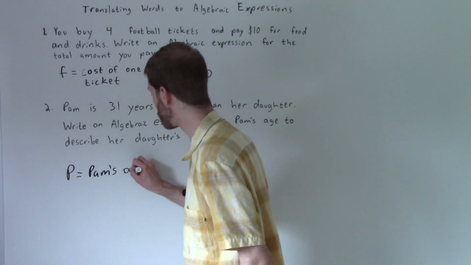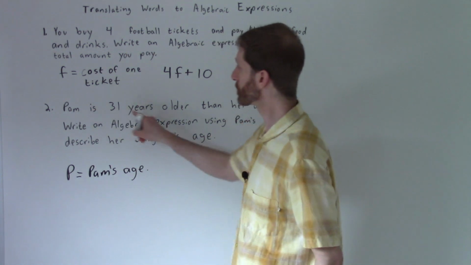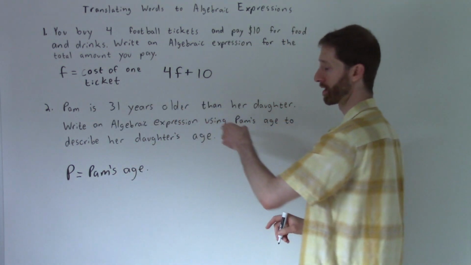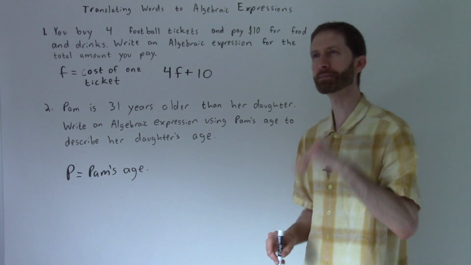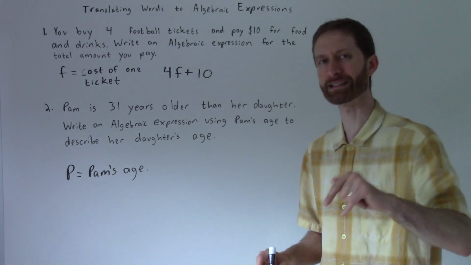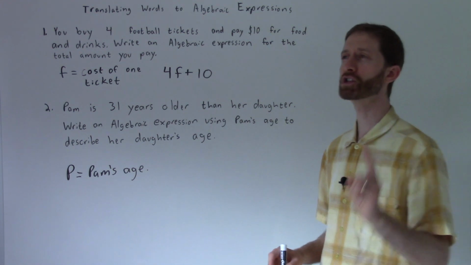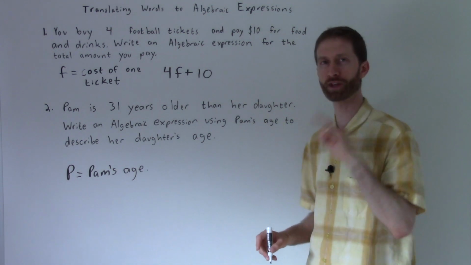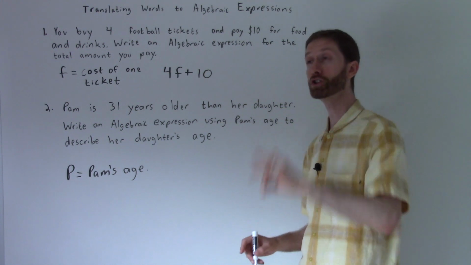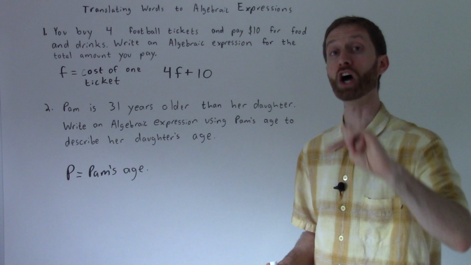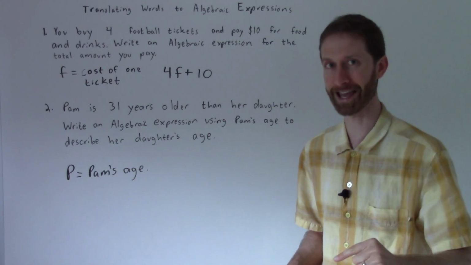Now here's the challenge. The way this is written, you would think that you would do P plus 31, right? But that doesn't make sense because Pam is 31 years older than her daughter. If she's 31 years older than her daughter, then her daughter, flip it around, is 31 years younger, or less, than Pam.